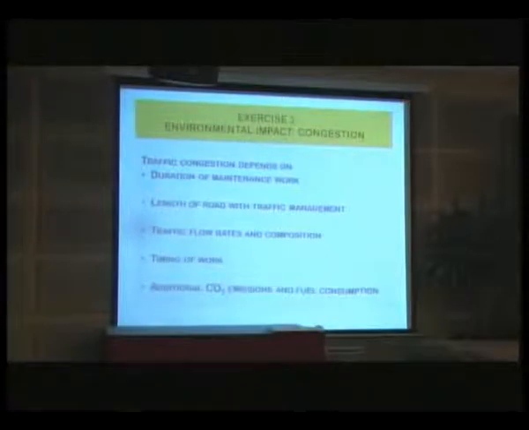So it depends on things like the duration of the maintenance work, the length of the road which is going to be affected, the traffic flow rates, the timing of the work. So if you can carry out the work, say, during off-peak hours, then the impact is going to be less. If you carry out the work during peak hours, well, the traffic flow rates are going to be higher, and so the impacts are going to be higher.